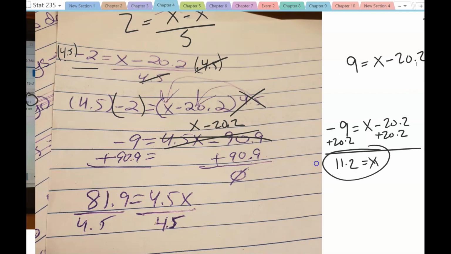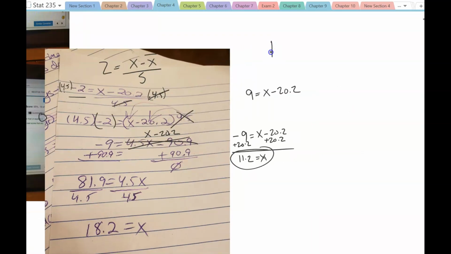So what this is also saying is you have the mean here, x bar is 20.2, and you know the standard deviation is 4.5, right? So if you want to go 2 standard deviations, you're going to go 20.2, subtract 4.5, subtract 4.5.